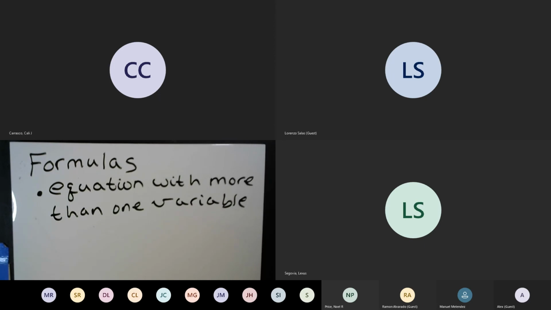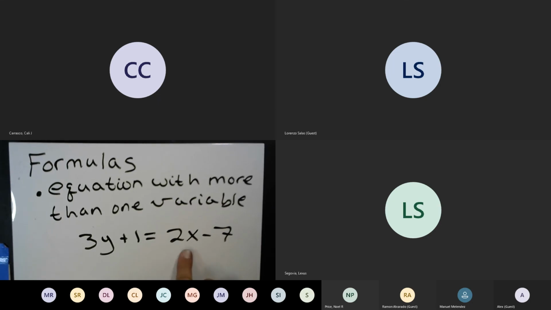Now, formulas are kind of tricky in that regard, because if you have more than one variable, like 3y plus 1 equals 2x minus 7, you could solve for x, but there's going to be a y over here. You could solve for y, but there's always going to be an unknown number x over here. So if you try to solve for one variable or the other, you're always going to have the other variable hanging around. So you don't get a number in the end. And this is kind of a problem.